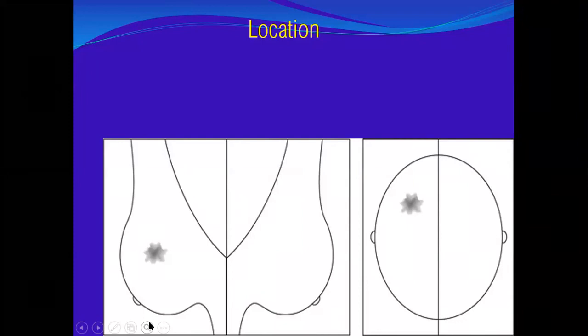This is either 11 or 10. What do you think? Between 11 and 10 is accepted from you. I think this is around 10 o'clock. Excellent, well done. That is it. If they ask you, you will say the lesion is at 10 o'clock, upper outer quadrant.